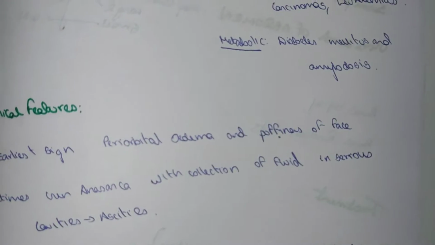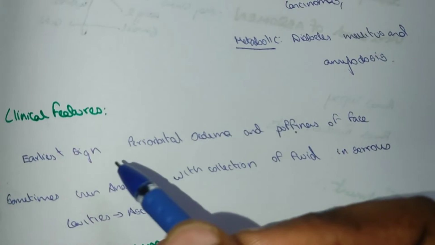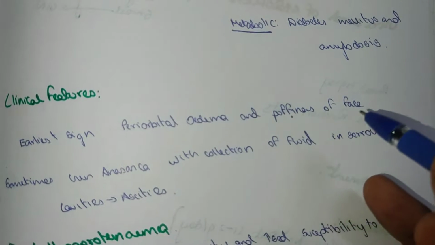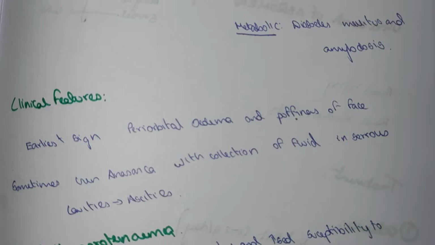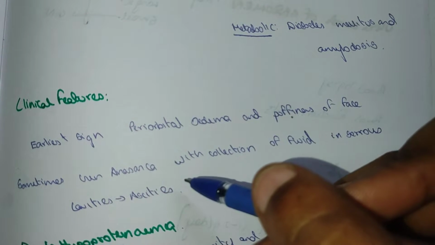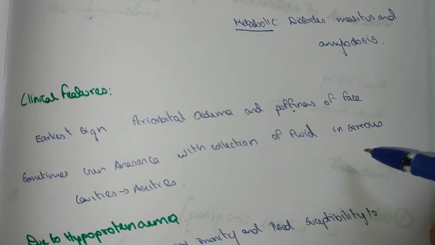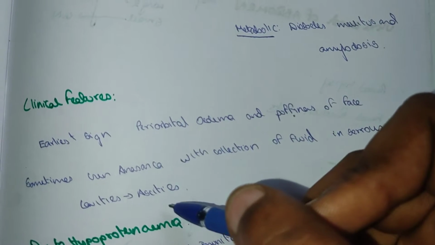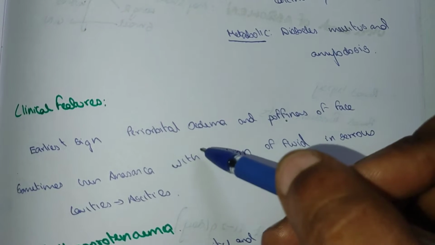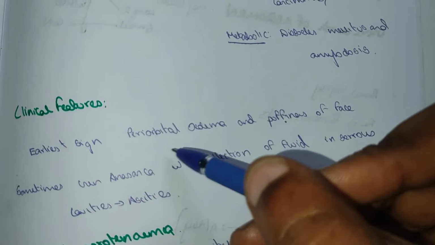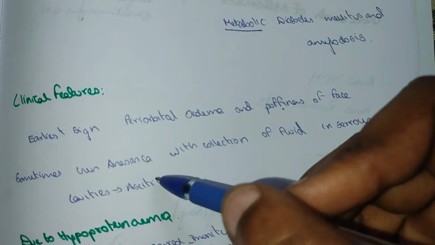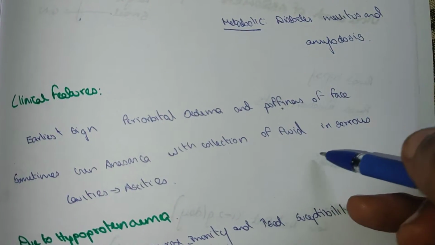Now we will see the clinical features. The earliest sign is periorbital edema and puffiness of the face. Around the eye there is edema, which is known as periorbital edema. Sometimes there is generalized anasarca with collection of fluid in the serous cavity, causing ascites.